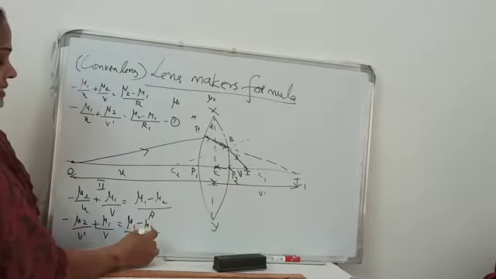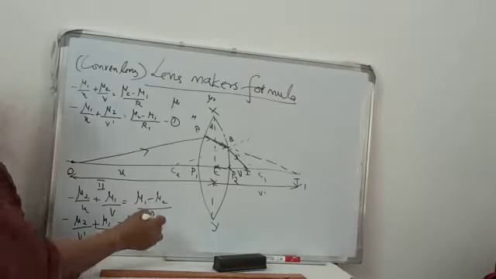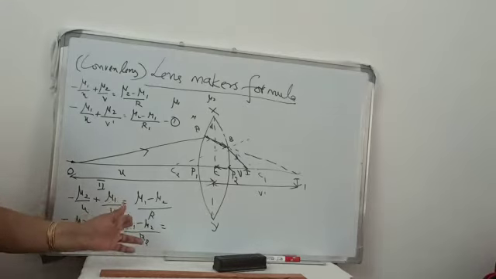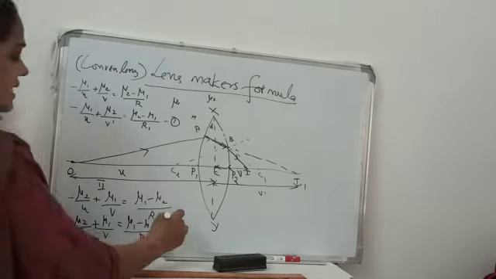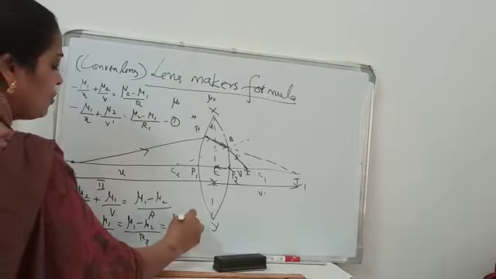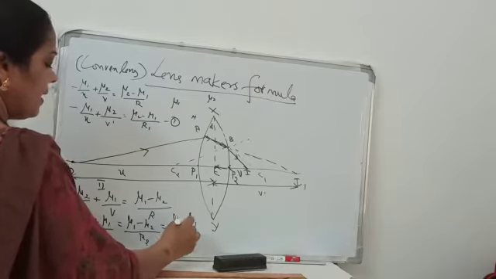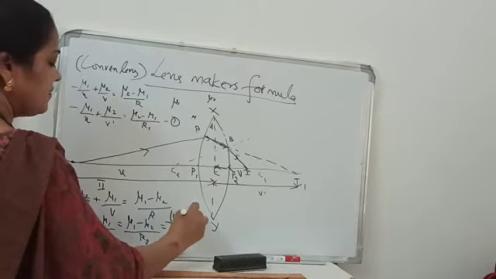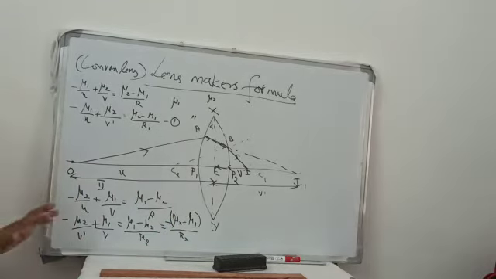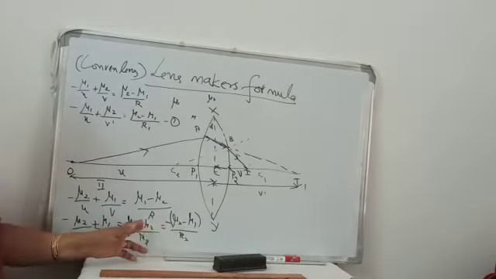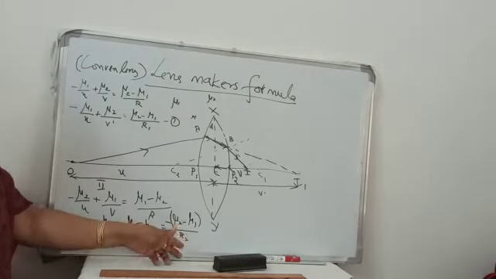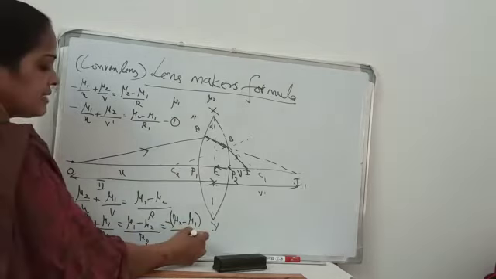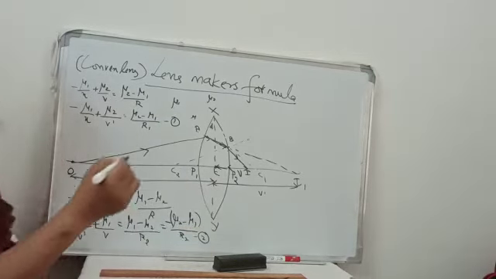To make the calculations easier, I just multiply with a negative sign and I get mu2 minus mu1 by r2. This is also mu2 minus mu1 by r1, and this is equation 2.